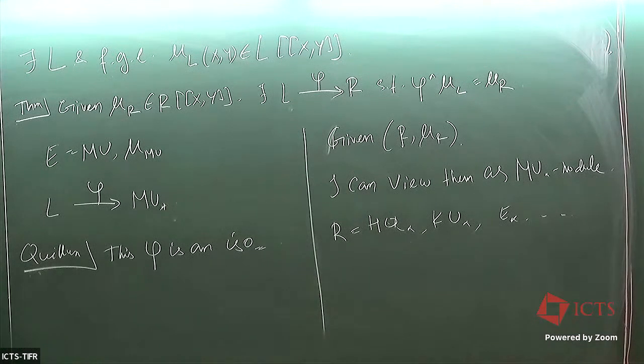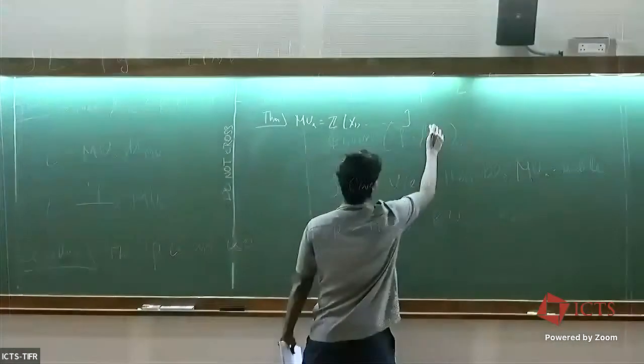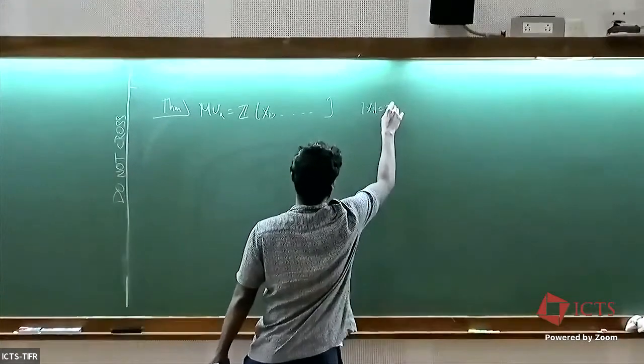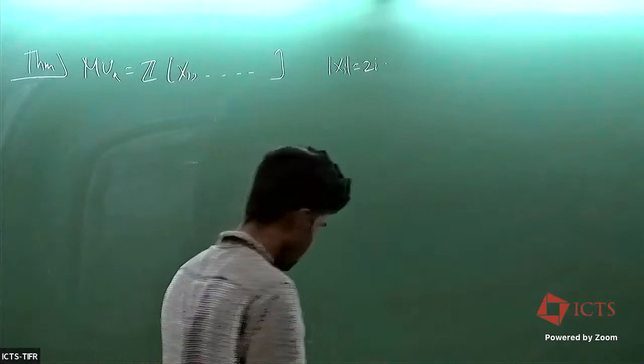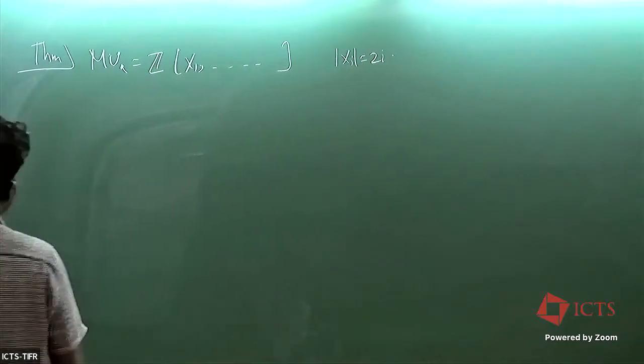Also another thing to notice is the theorem that MU star is a polynomial ring over Z on x1, x2, and so on, infinitely many variables, and each x_i has degree 2i.